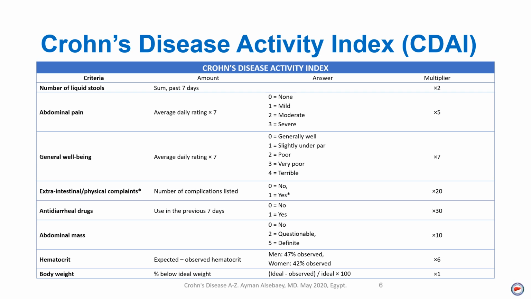If we look at all these parameters, you will find that they are mainly symptoms from the patient. These are questions you give to the patient and you collect the answers from the patient.